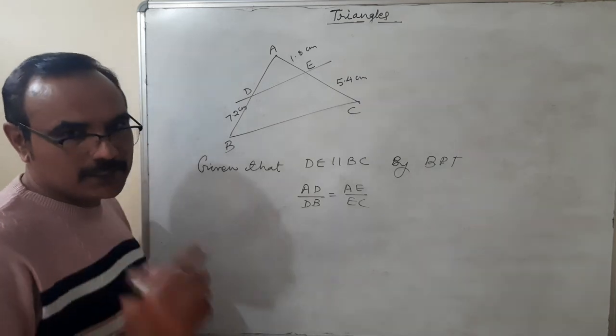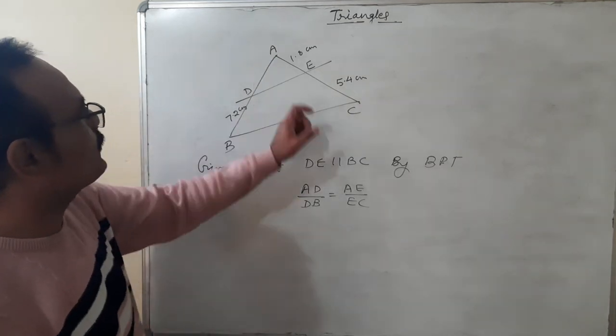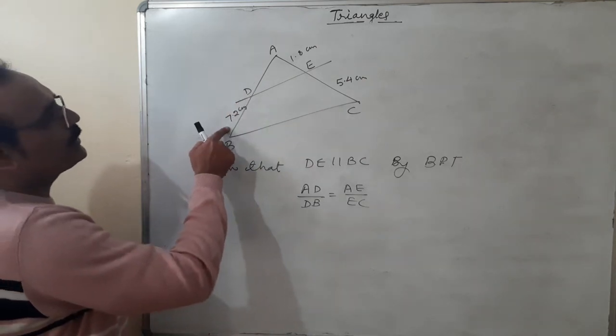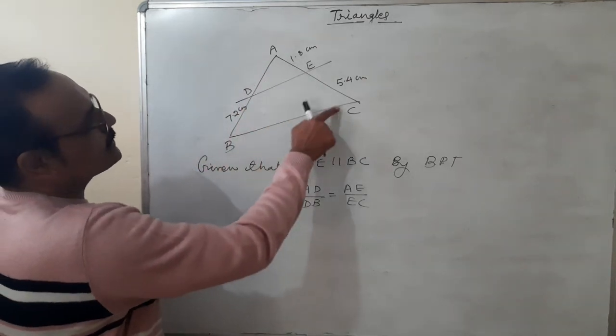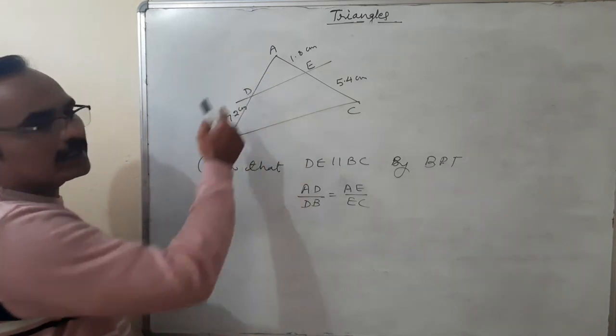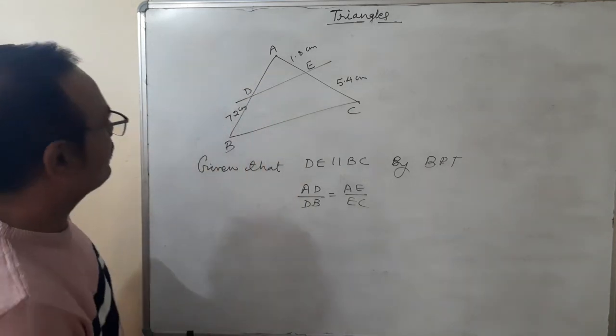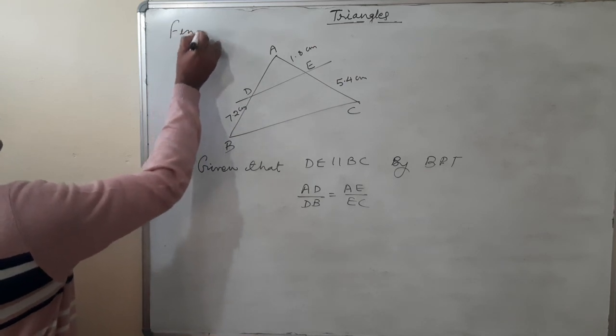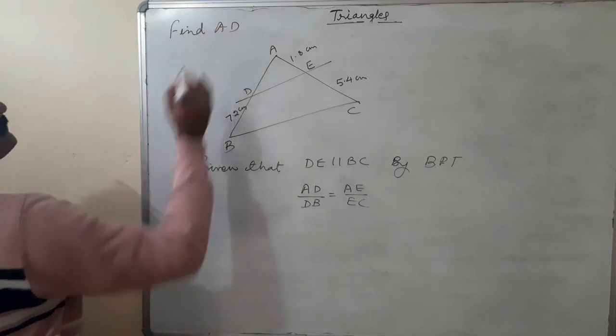Because I told you there are three results, but this result is required since we are finding the value of AD. All sides are given. DB is equal to 7.2, AE is 1.8 and EC is equal to 5.4. We are finding the value of AD. So the question is, in this diagram, find AD.